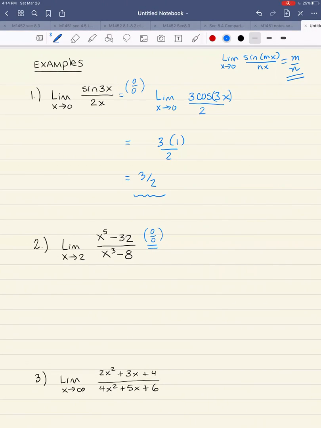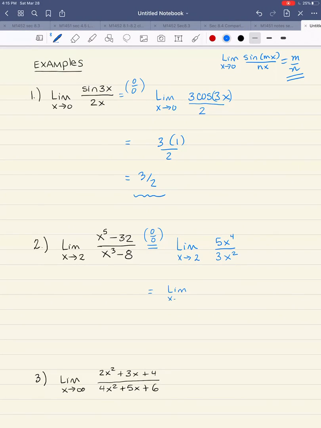Make a quick check that when you put 2 in for each x, you get 0 over 0. And we do, because 2 to the 5th is 32 and 2 cubed is 8. So what L'Hopital's rule says, take the derivative of the top, and I'll get 5x to the 4th. Take the derivative of the bottom and get 3x squared.